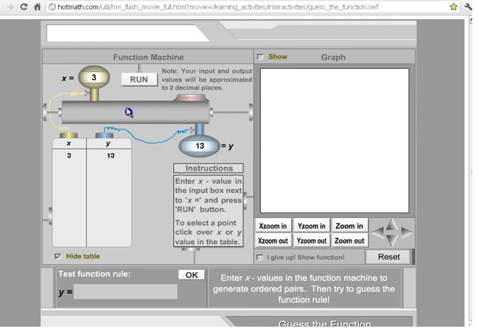Now, can we get the rule from this? Come up with a possible rule or a couple possible rules for yourself. Don't say them out loud yet.